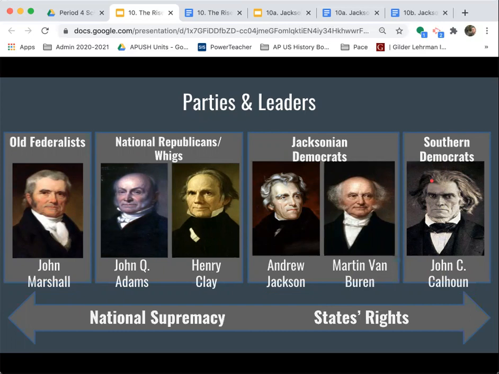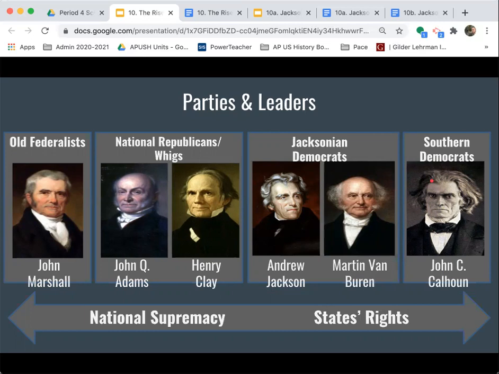We still have John Marshall as the Chief Justice of the Supreme Court, an old Federalist who's on the side of the most national supremacy possible, which we see in those court rulings that I talked about in class last week. We'll talk about another one today. So John Marshall is on the farthest side of pro-national supremacy. Then we have the National Republicans who become the Whigs, like Quincy Adams and Henry Clay.